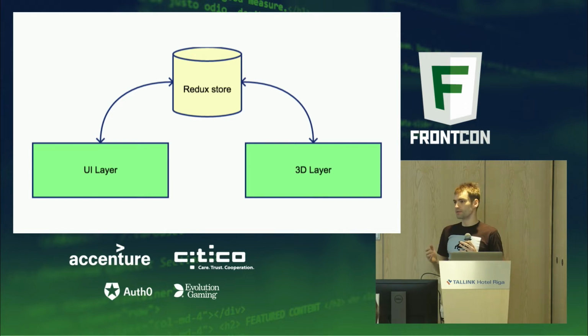Second, it was not suited for making transitions between states. So what we came up with is that we have React, which gets its state from Redux, and we have the 3D, which gets its state from Redux. So basically, the two layers are connected through the Redux store.